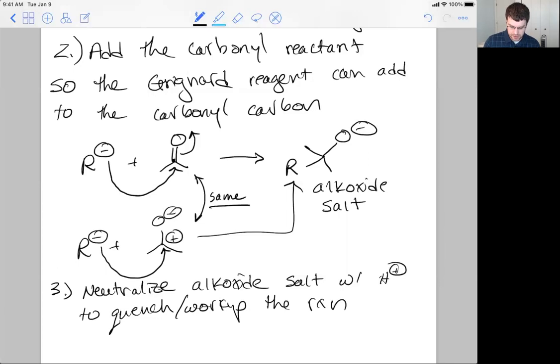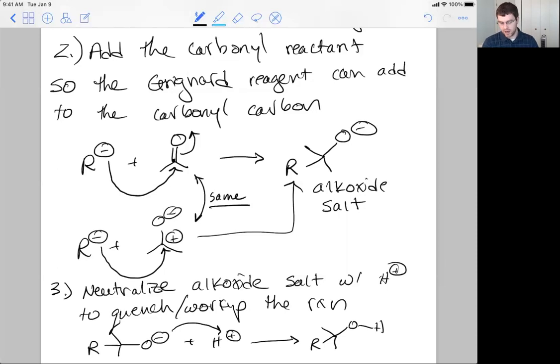So what that looks like is the R group is already added to the carbonyl, so we now have our alkoxide. We add our H plus, negative adds to positive. We're overall neutral on the left side with both a negative and positive ion. And we don't have an ion on the right side. We just have our neutralized alcohol.